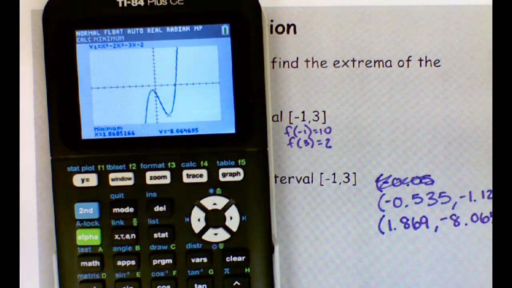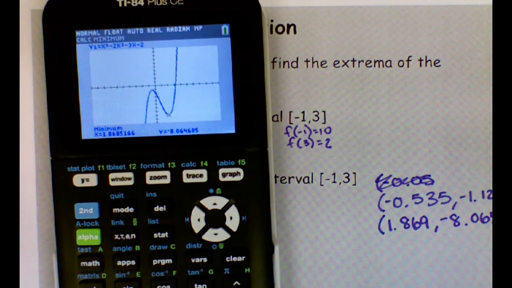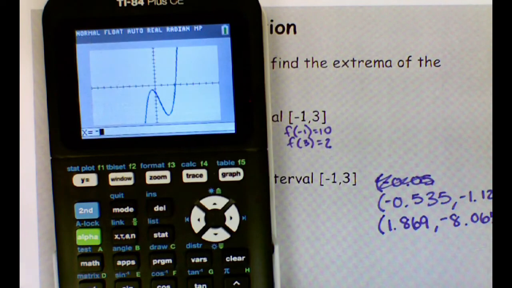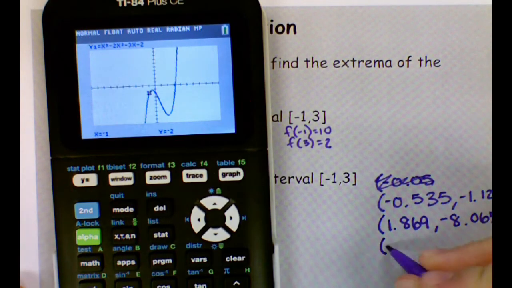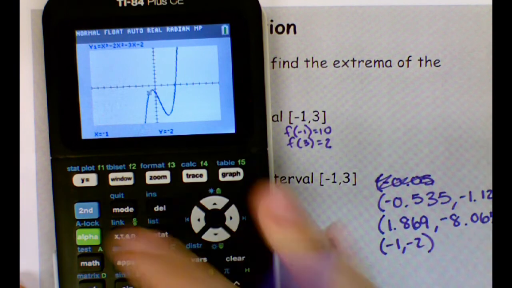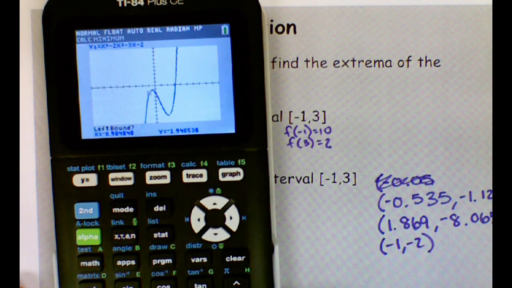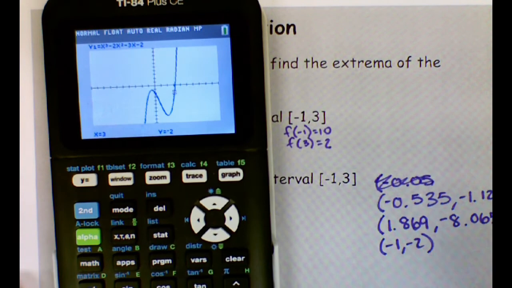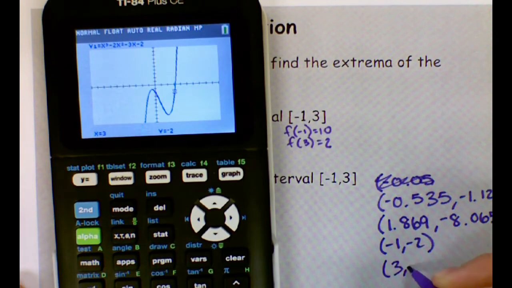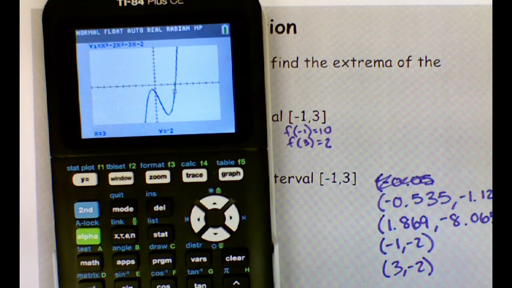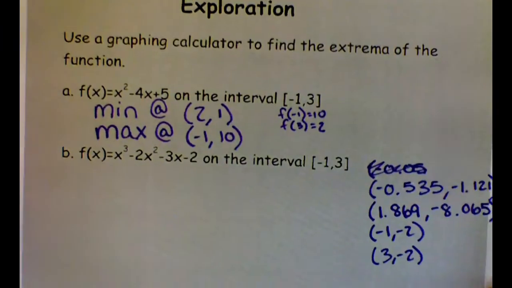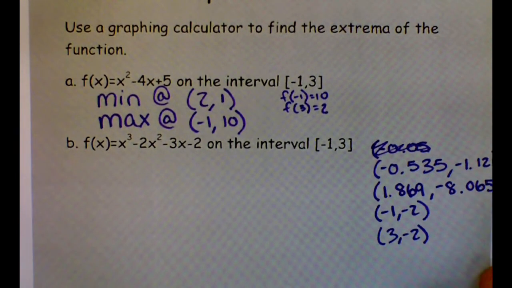All right, but then also remember that the maxes and mins can occur at the endpoints. So I'm going to calculate each of those. Value at negative 1, I get (-1, -2), and value at 3, I get (3, -2). All right. Now I have to decide my max and my min in this interval.